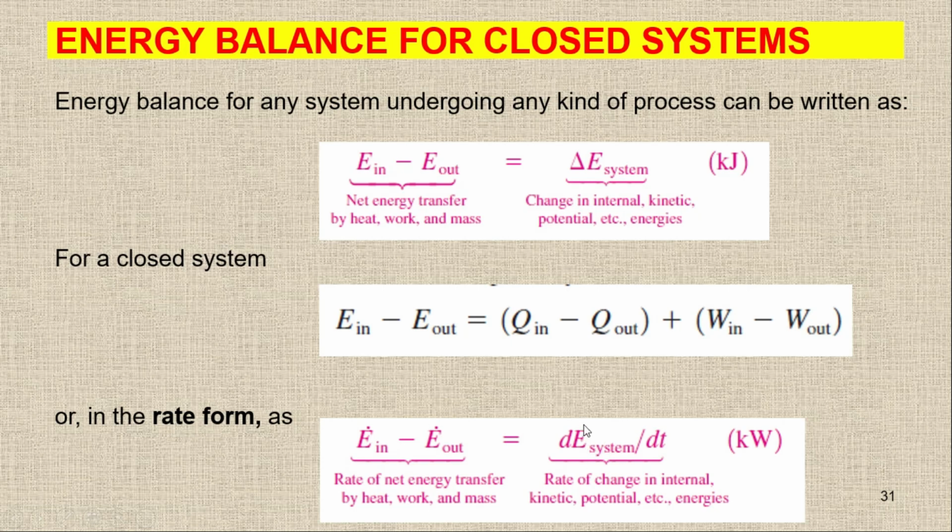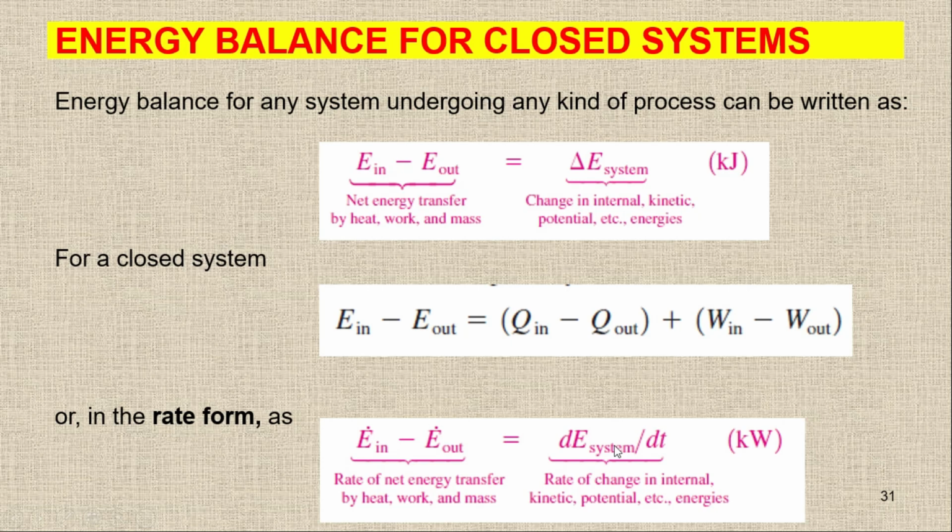Whenever we have a dot, it means there is a flow. But when we are talking about the system energy, there is no flow of the energy. Rather, there will be a change in the energies with respect to time. That's why I am going to put a d by dt. You can see here, it's d by dt for the energy of the system.